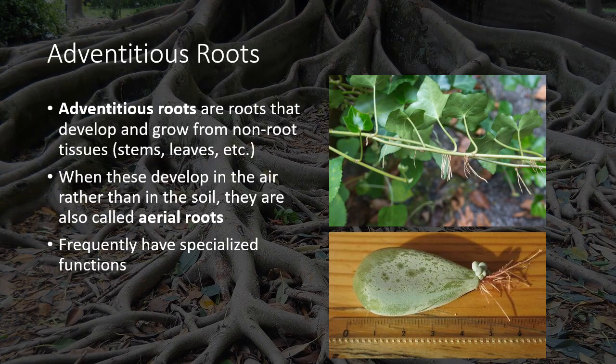In this top image, we have English ivy, and English ivy will produce roots directly out of its stem, and it uses them to root into the ground in its search for more nutrients, but it also uses them to adhere its stem to tree trunks and brick walls to allow it to climb. In the bottom image, we have a leaf of a succulent, and it has formed rootlets at the base of the leaf, and it's also producing a new baby plant.